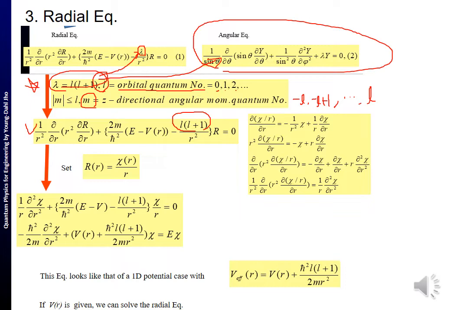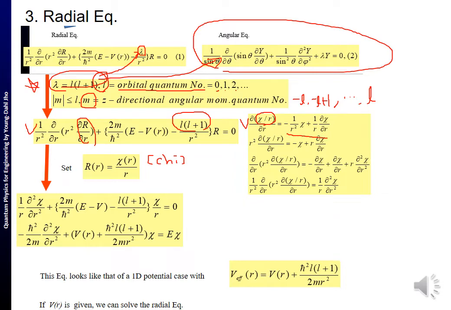So we set R to be chi over r. Then this one, round R, is here, because capital R is replaced by chi over r. Then if you take the derivative, you get this.